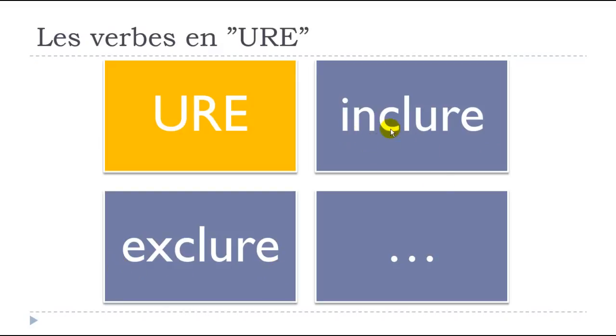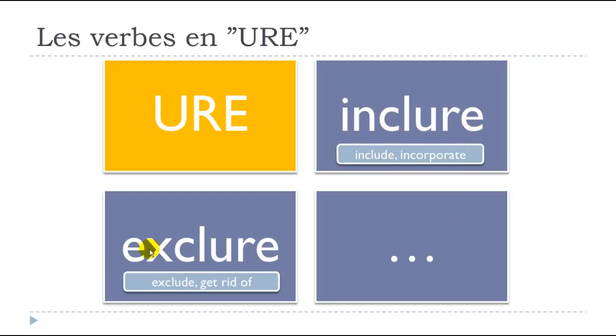I'm pretty sure that you understand what they mean without the translations, but of course I will offer you the translation: inclure means to include or incorporate, and exclure means to exclude or get rid of.